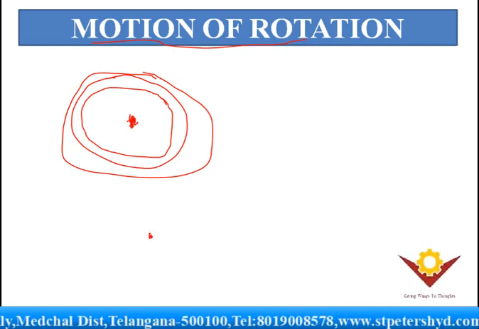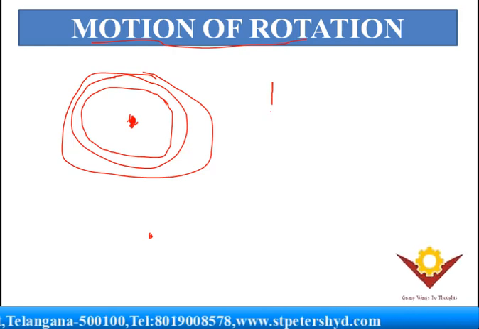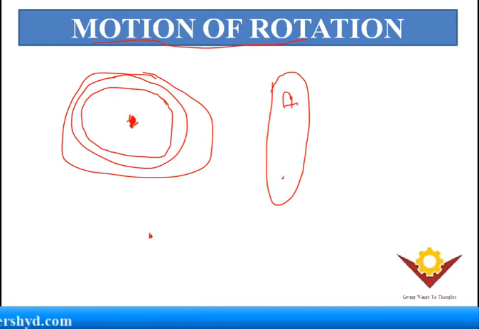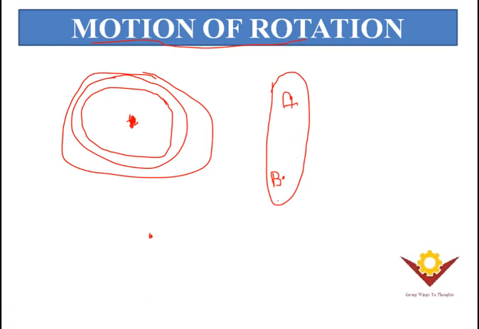We'll see that clearly. For example, consider a rigid body. Here we have a point A, and here we have a point B, and this particular body may revolve or rotate about this particular point, in this direction. Or it may have a point here, and the total rigid body will rotate in this direction about this fixed axis.